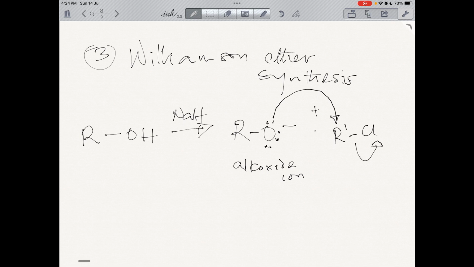And then this one will fold up and go away. So what you will end up having will be R O R prime. Whatever is the alkyl group attached to the alkyl halide, and the alkyl group attached to the OH in alkanol, both of them will now be on either side of the oxygen, and you have your ether already synthesized.